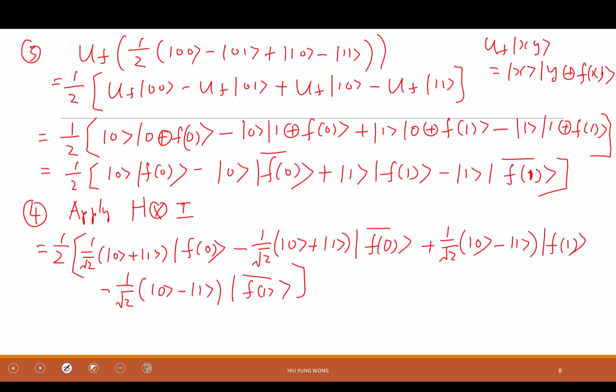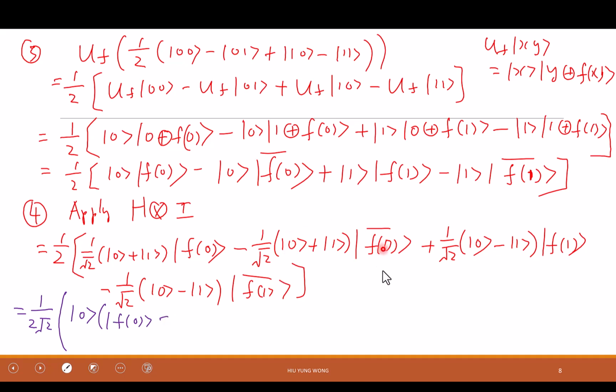Okay, now it's going to be a little bit messy. I would rather continue on this page. I'm going to collect the terms. I'm collecting it so that I can take the 1 over square root 2 out. Then I have this to keep the normalization. The first one, 0, when the first qubit is 0, right? You span it out. You have 0 times f of 0, right? And then what is the second term?